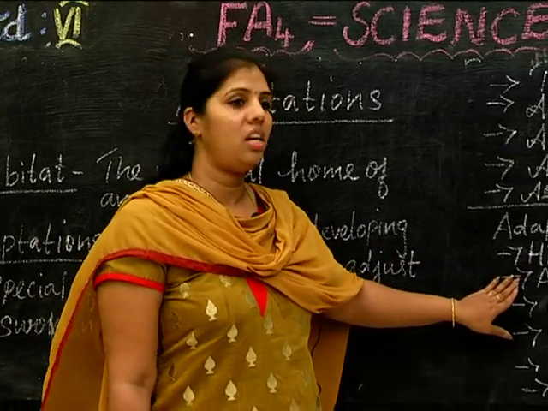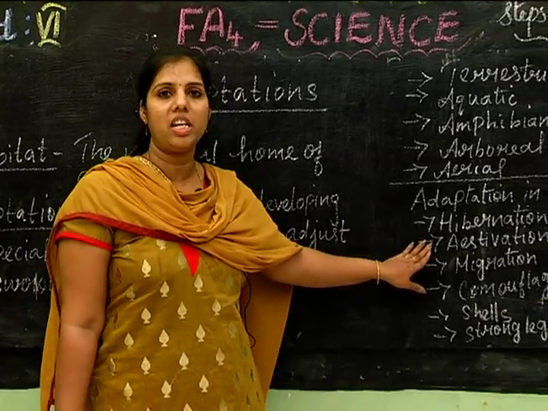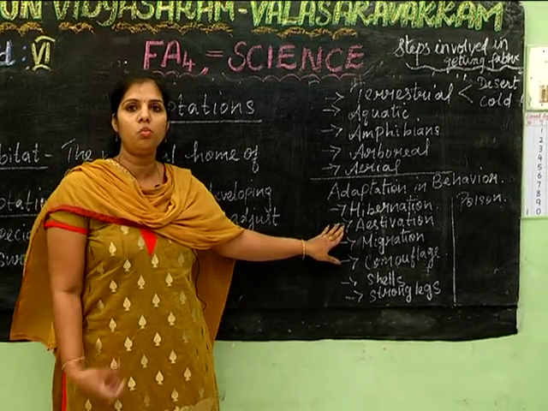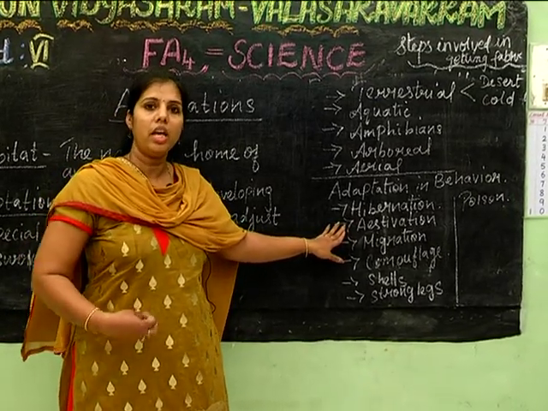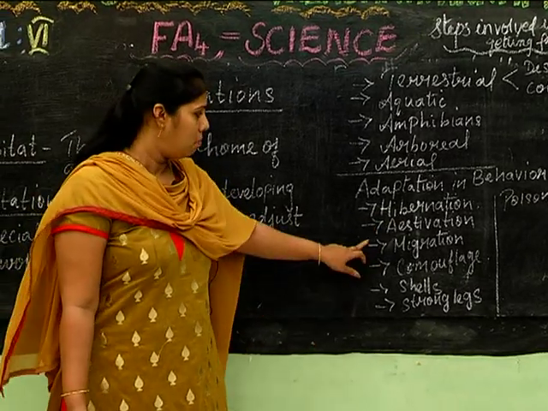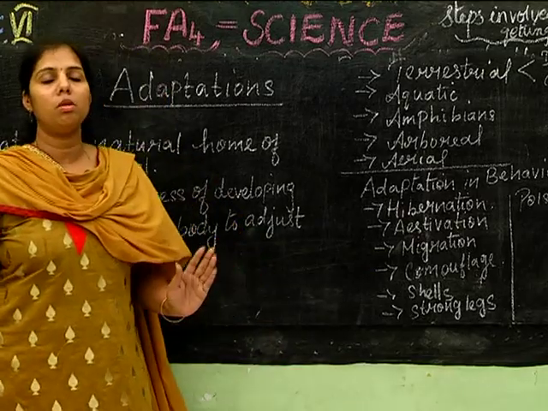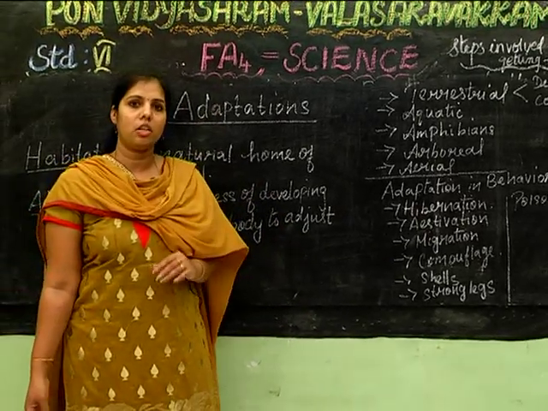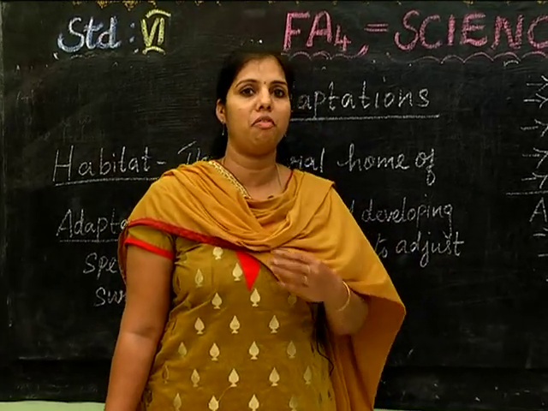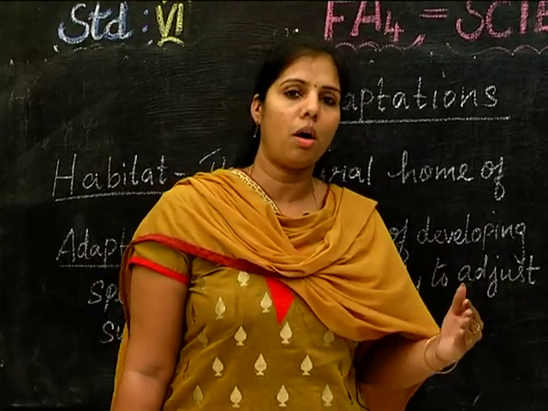Then estivation is summer sleep. In desert regions, snakes are unable to withstand the summer, so they go into a summer sleep, which is called estivation. Then migration, the mass movement of birds and animals from one region to another, for example from a cold region to a warmer region.